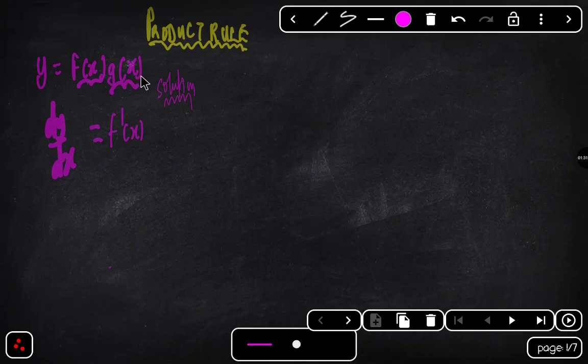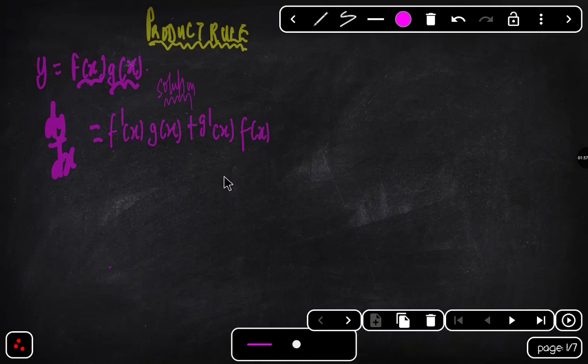Then if you fix g of x, you multiply the derivative of f of x by g of x. Then plus, you differentiate g of x, and you fix f of x. If you differentiate g of x, you have g prime of x. Then you multiply the derivative by f of x, so you have this, and that's how you differentiate this kind of function.